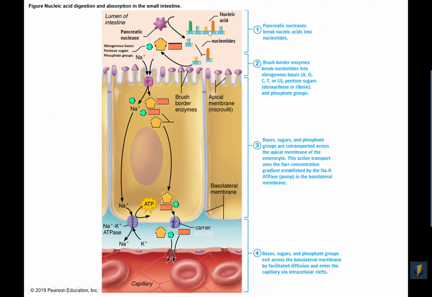So here you can see, here's our nucleic acid, some little RNA for us. The pancreatic nucleases break us down into our nucleotides, and then the brush border enzymes break us down into our pieces of nucleotides. Again, active transport using that sodium-potassium pump and the carrier proteins into the blood, off to the liver. So very similar process between the carbs, the proteins, and the nucleic acids.